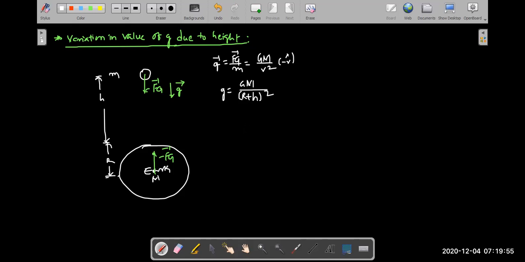Clear? Now here as h is changing, is the value of g changing? Yes, definitely it is changing. This is how the acceleration due to gravity g is going to change from the surface of the Earth.